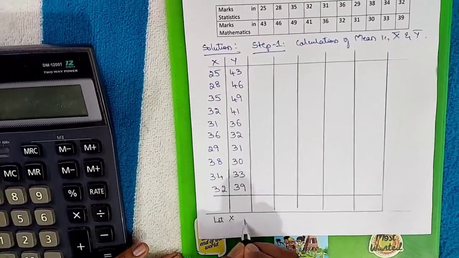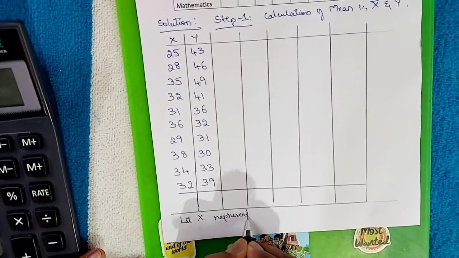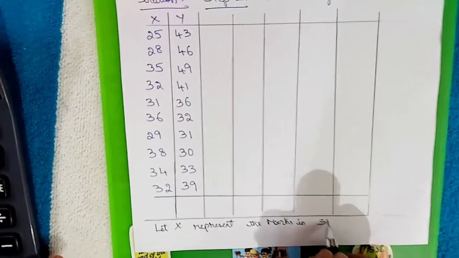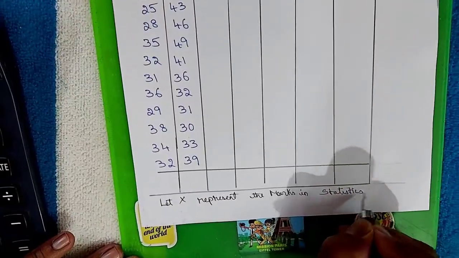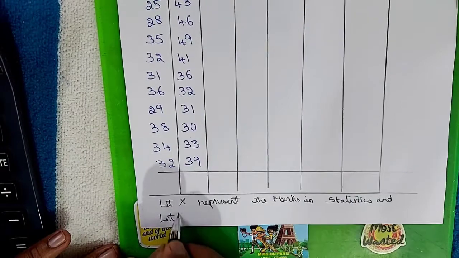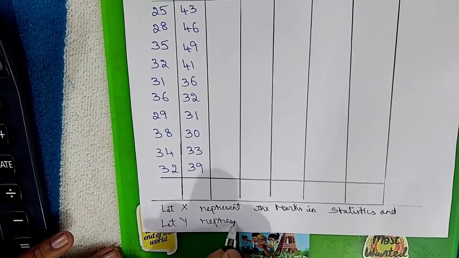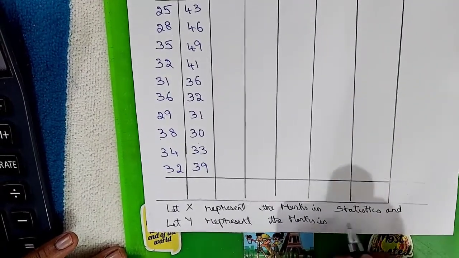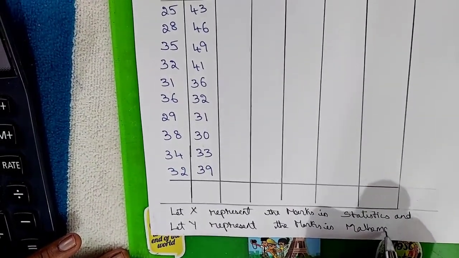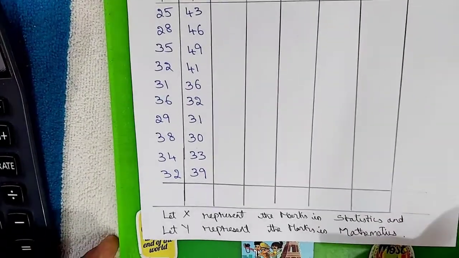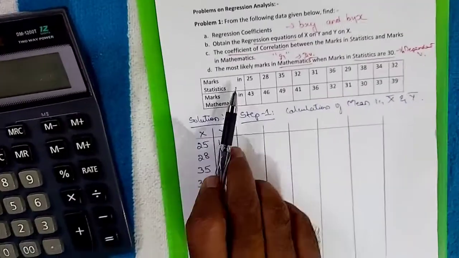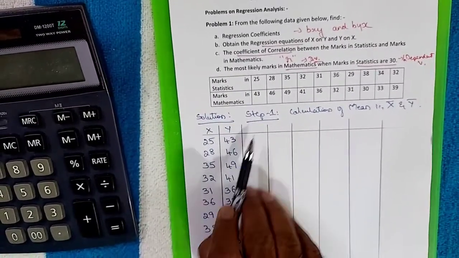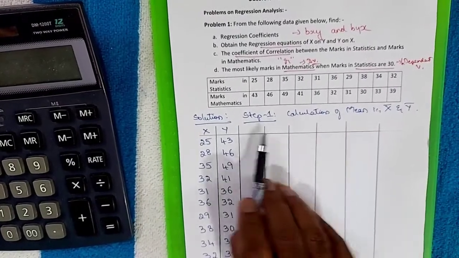Let x represent the marks in statistics and let y represent the marks in mathematics. Now we have decided x to indicate marks in stats and y to indicate marks in mathematics. Let us go to calculating the mean, which is the first step.